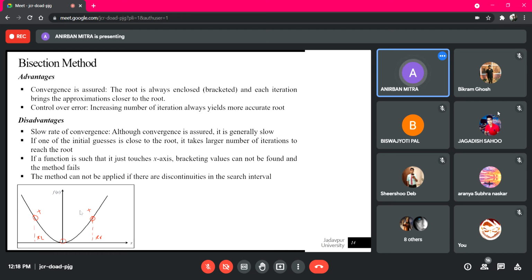Another limitation is that this method cannot be applied if the function becomes discontinuous within the search interval. Consider this example. At x equal to 0, there is a discontinuity. So the bisection method also fails for such situations. As I said, the last 2 points are basically not disadvantages but limitations of the bisection.